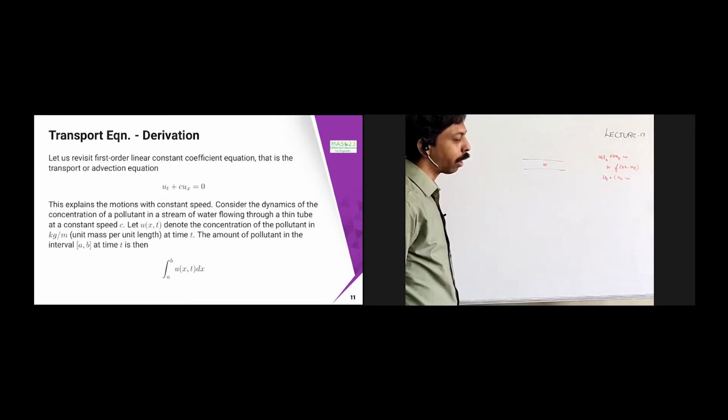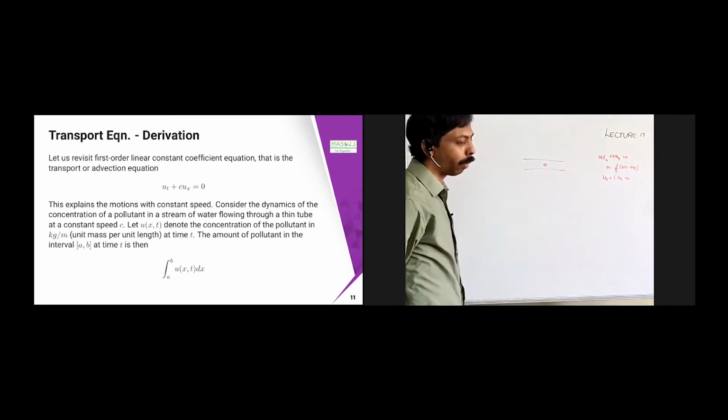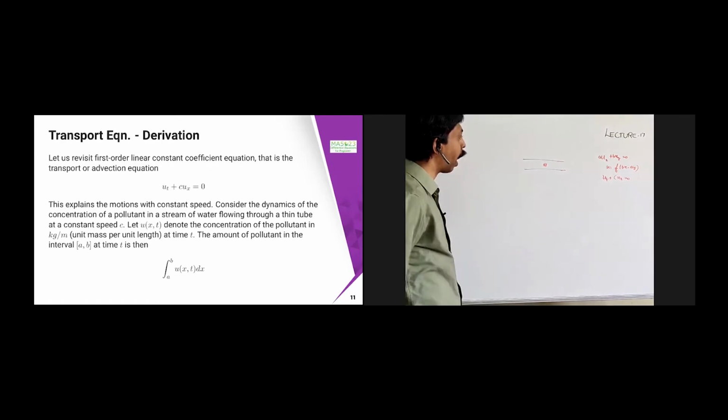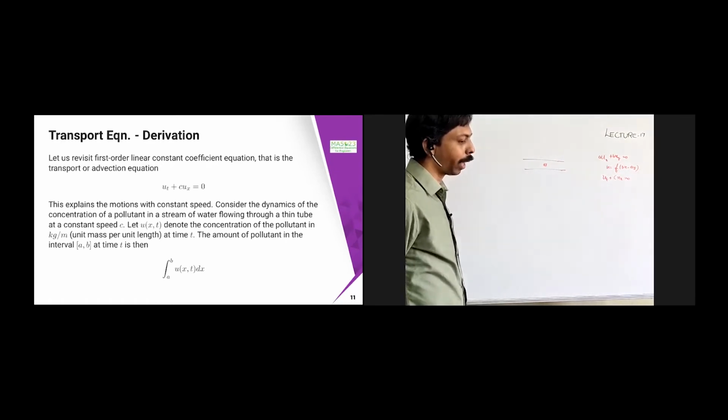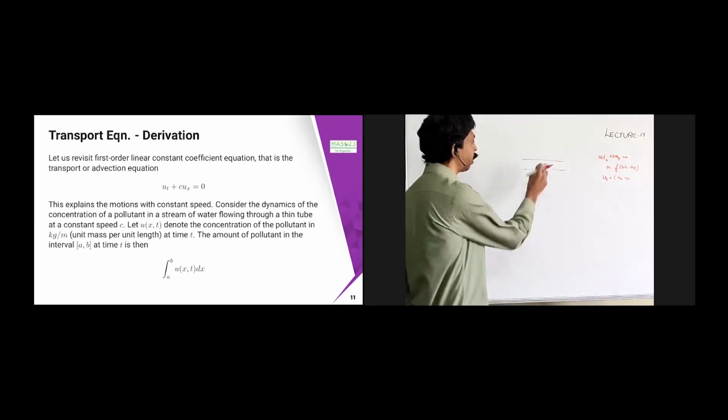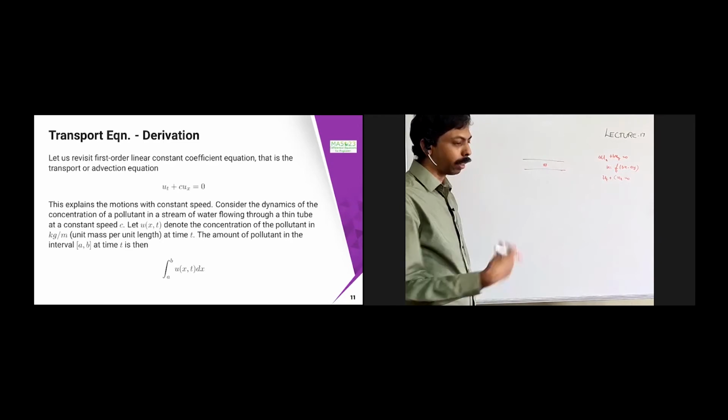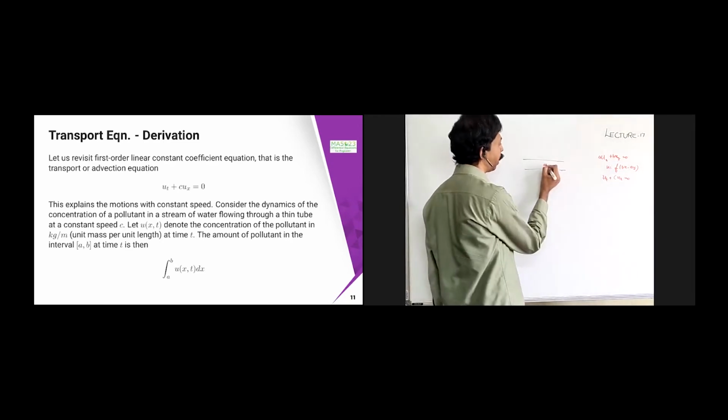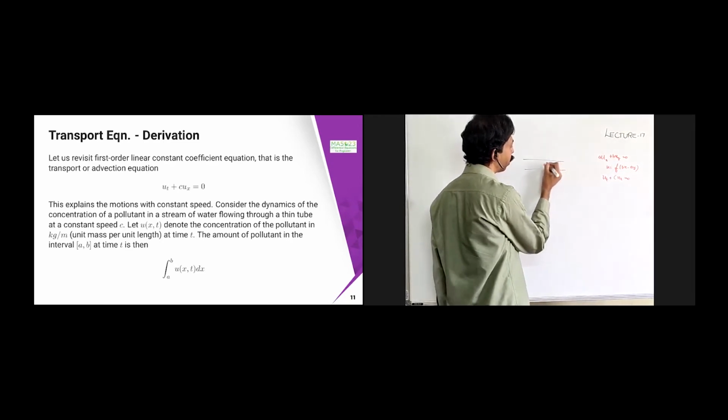We are going to see the dynamics of the concentration of a pollutant in a thin tube, where the pollutant is moving at a constant speed. I'm not going to consider dispersion, etc. I'm just saying that this is a mass particle. In reality there will be dispersion, so once it is going across here, it is going to disperse.